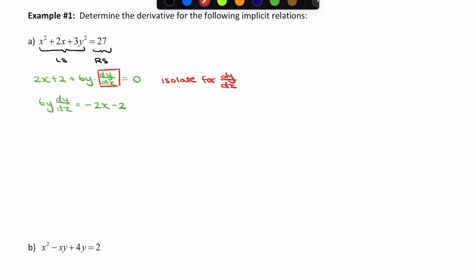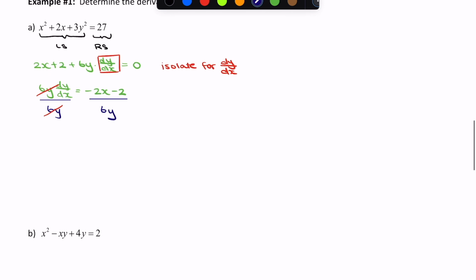Here we see that dy over dx is being multiplied by 6y, so we're going to divide both sides by 6y. We're left with dy over dx is equal to negative 2x minus 2 over 6y.